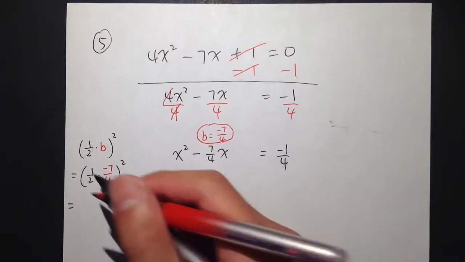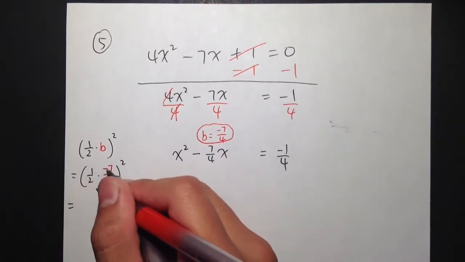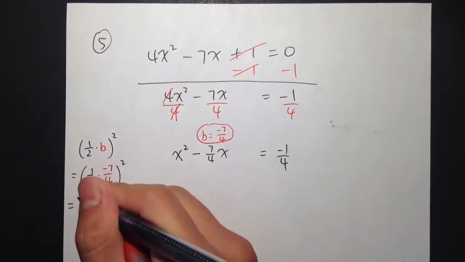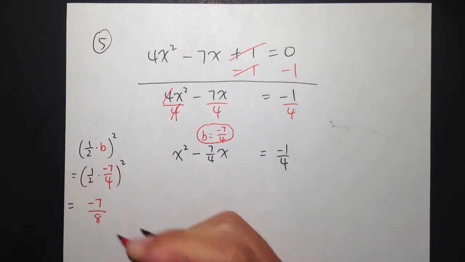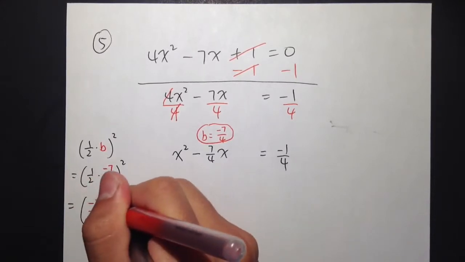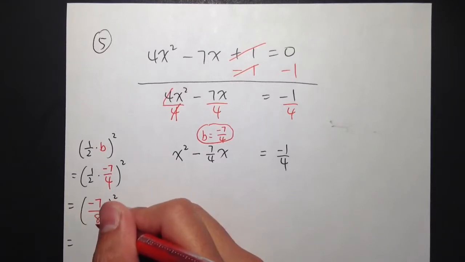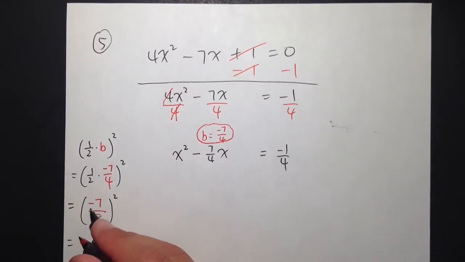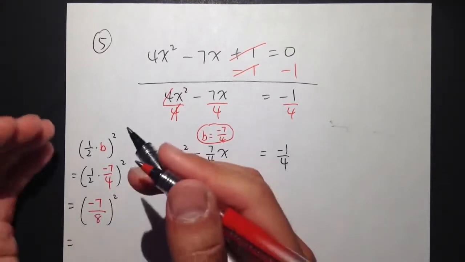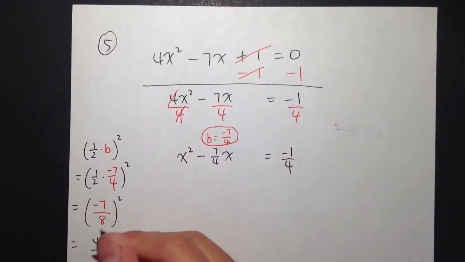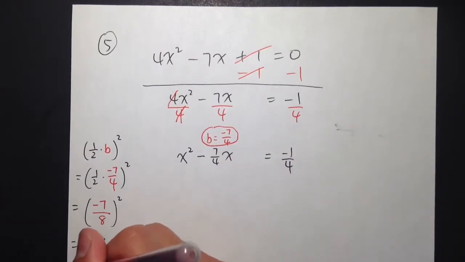Unfortunately, we can't. So you just do 1 times -7, which is -7 on the top, over 2 times 4, which is 8. Take that, don't forget the square, and we get -7 over 8 squared. To do this, you can just do -7 times -7, you get positive 49, over 8 squared, which is just 8 times 8, which is 64.